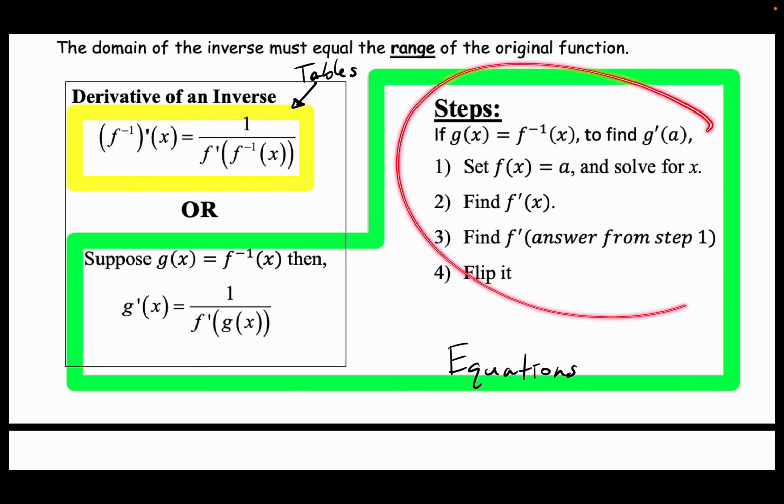Okay? This one they didn't use G. I think they just used F. Okay, so set f of x equal to a. That's the first step. Well, f of x I know. They tell me, right? X cubed plus 4x plus 2. So that's step one.